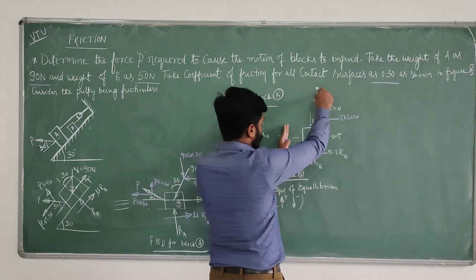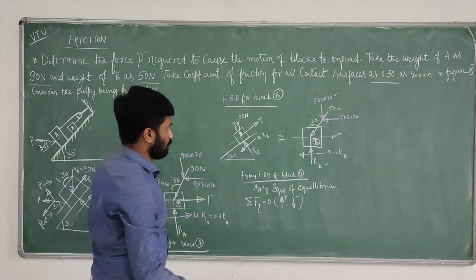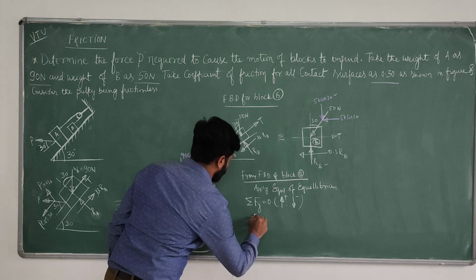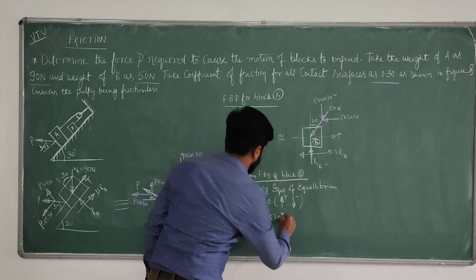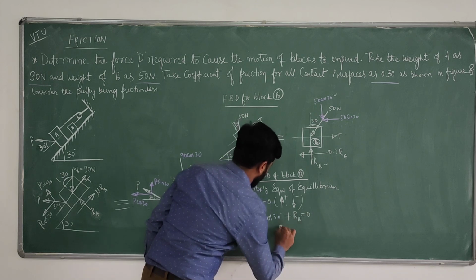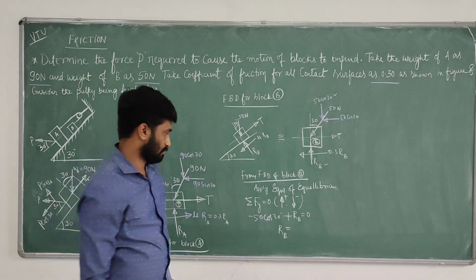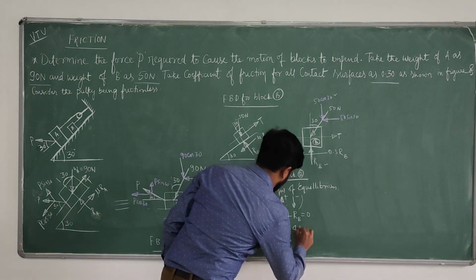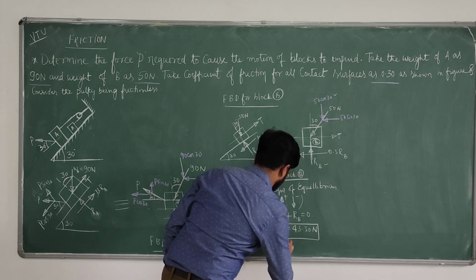Here we have only 2 vertical forces. Therefore, minus 50 cos 30 plus RB equals 0. So what is the value of RB? RB equals 50 cos 30, 43.30 Newton. So this is the value of RB.